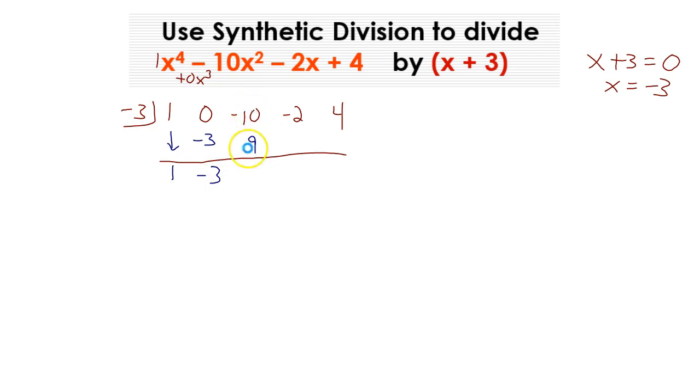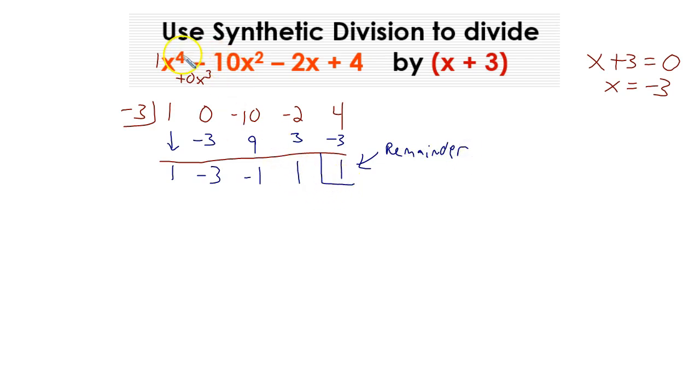Then we add down. We multiply negative 3 times negative 1 to get positive 3. Add down to get 1. Multiply again to get negative 3. And 4 minus 3 is 1. This last part is called the remainder.